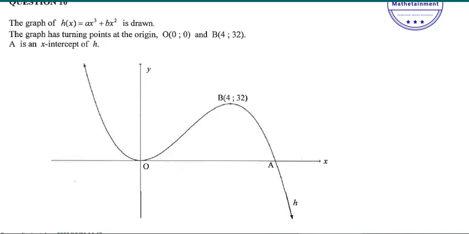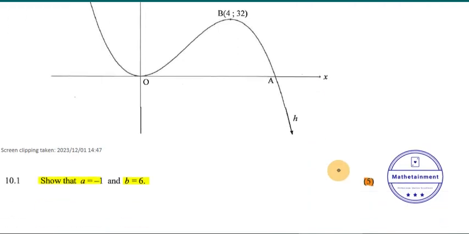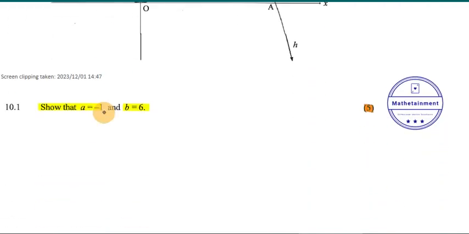Let us start. The first thing that I know is that h(x) is equal to ax cubed plus bx squared. Okay, this is what I know.